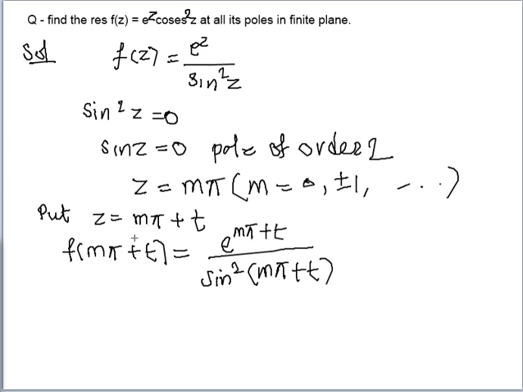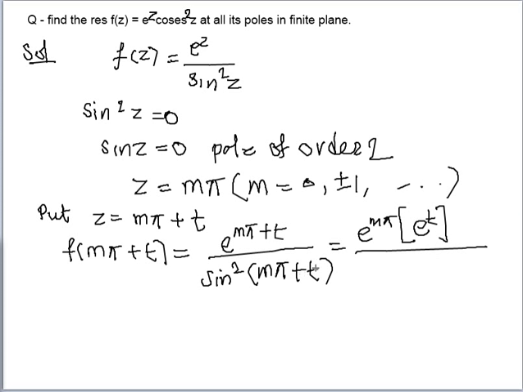Now we can separate it and open the sine series and the e to the power series. So we can rewrite e to the power m pi as a constant on one side, and e to the power t is the other term. Expand this in terms of t. Next is sine square of m pi plus t.